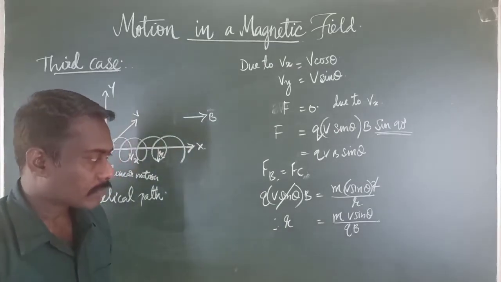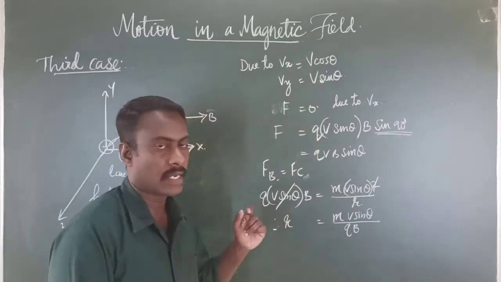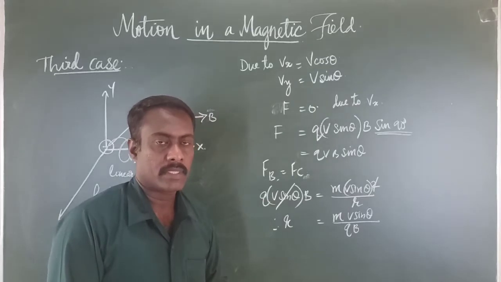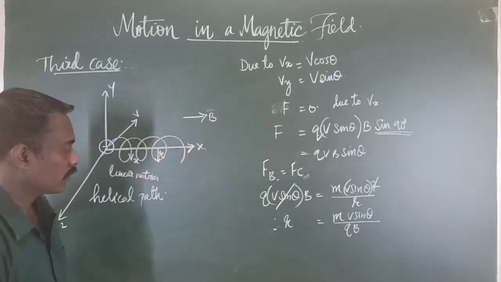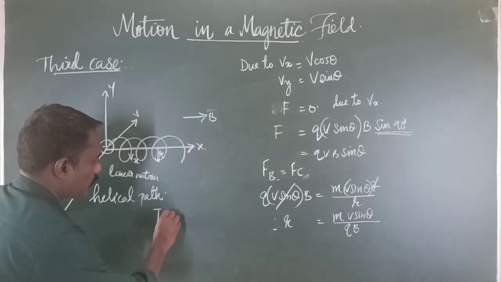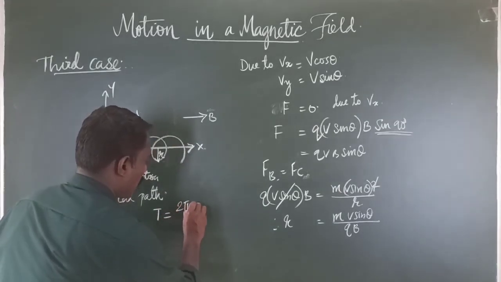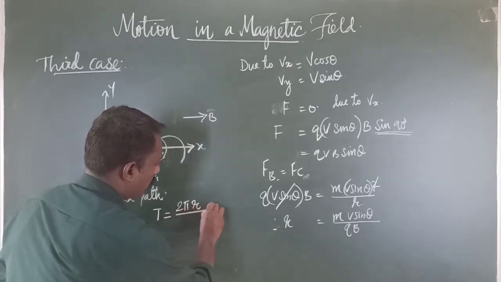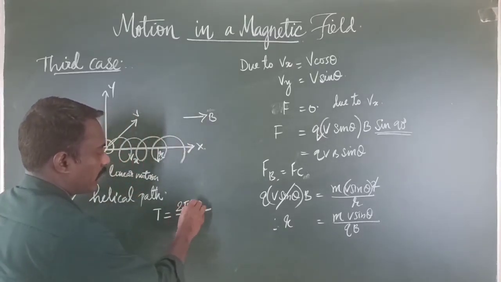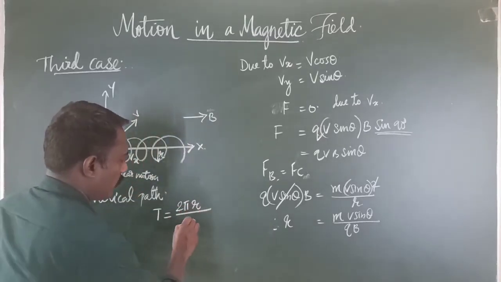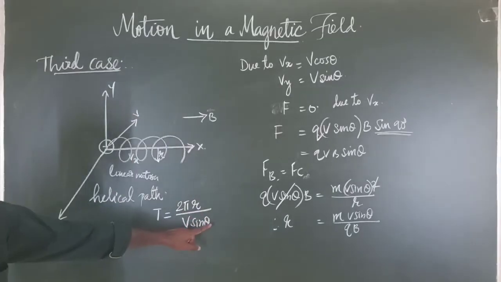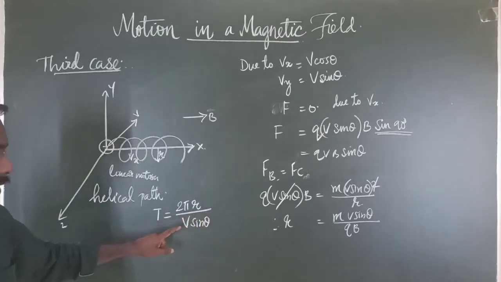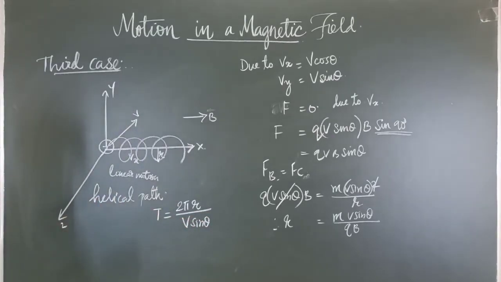Now from this value we can calculate the time period, the time taken to complete one circular motion. T is equal to 2 pi r divided by v. What is v? v is v sin theta, because for the circular path we consider only the sine component of velocity.